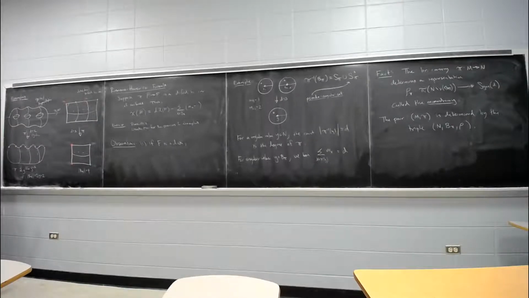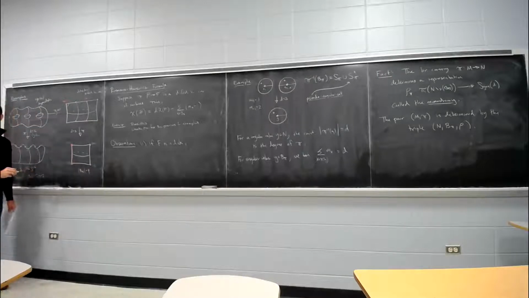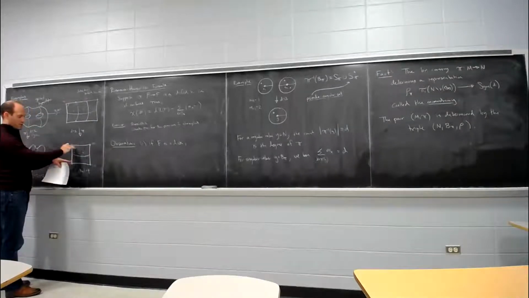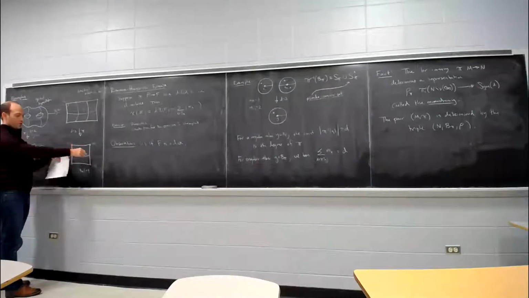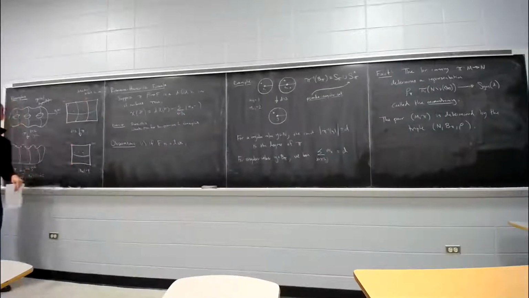You could think of puncturing these base spheres, or you could think of cutting this one in half along this curve. This is really two branch coverings over the disk glued together along the boundary where they're compatible. So we're actually seeing the lift of the branch covers up here.